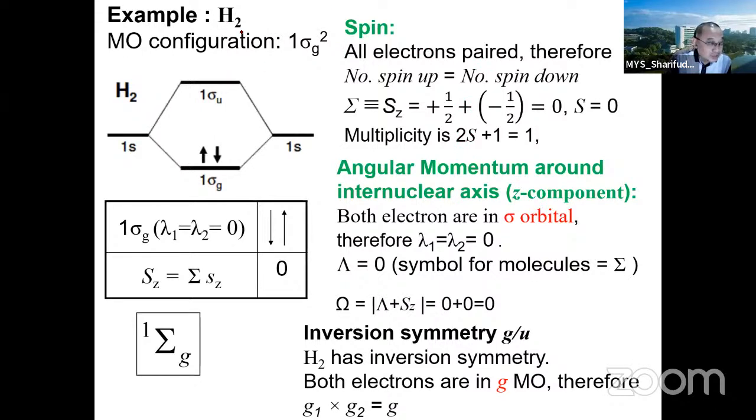So the simplest example is, of course, the hydrogen molecule. The hydrogen molecule is formed by two 1s orbitals forming molecular orbitals.